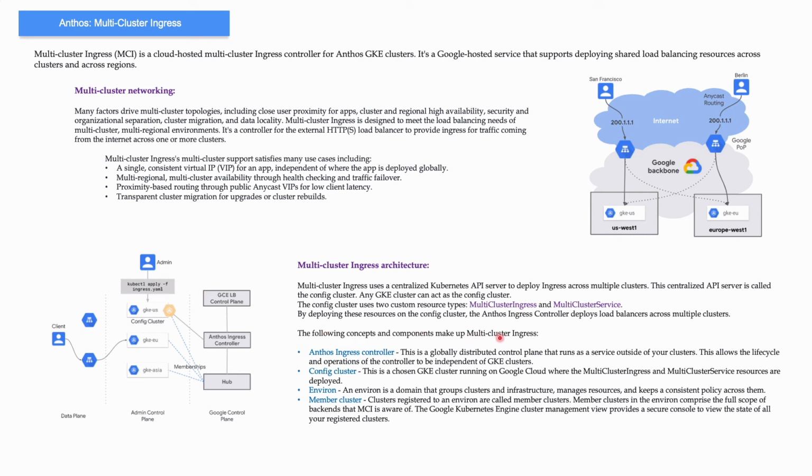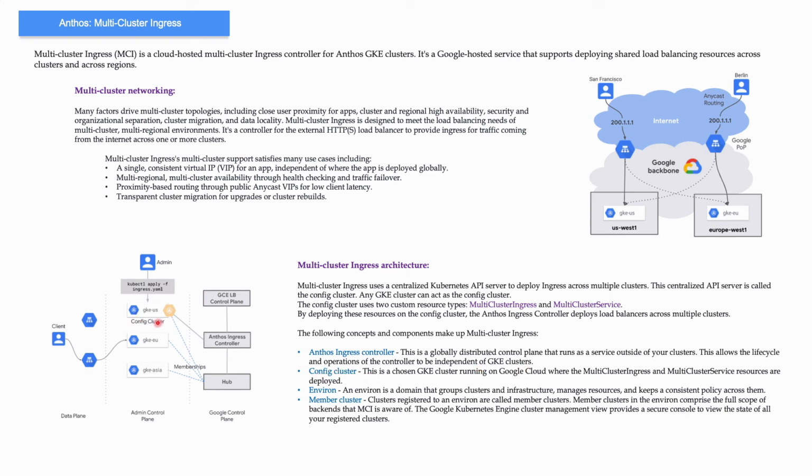The following concepts and components make up multi-cluster ingress. First, the Anthos ingress controller. This is a globally distributed control plane that runs as a service outside of your cluster. This allows the lifecycle and operations of the controller to be independent of GKE clusters.